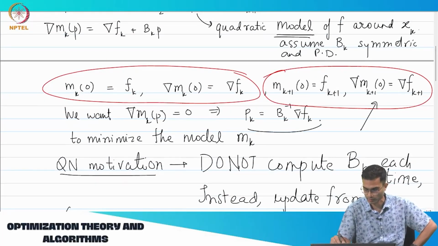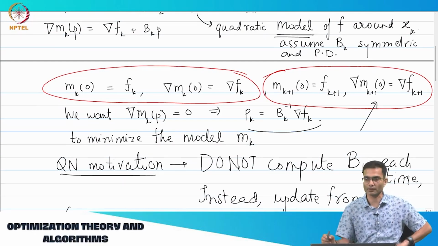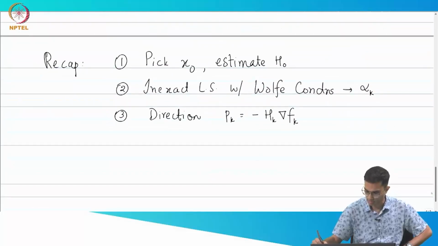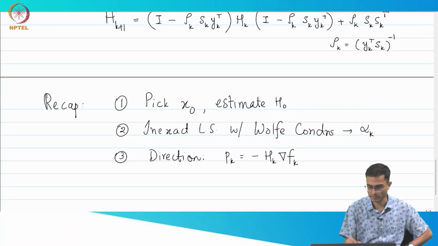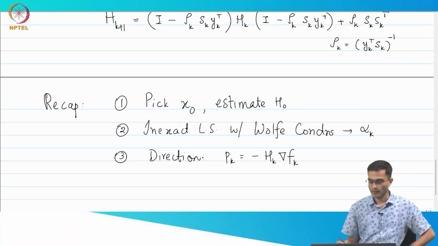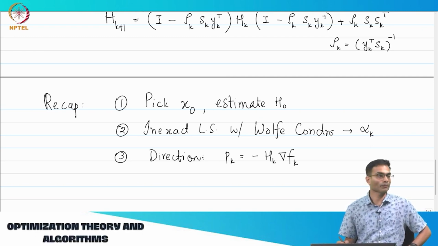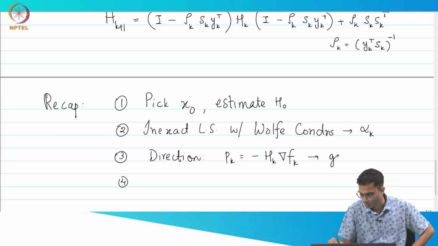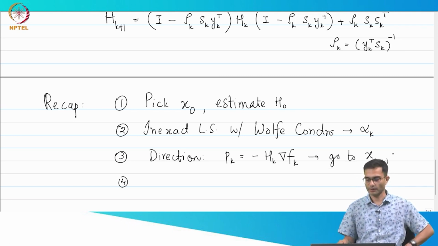Yeah, here. Bk inverse grad fk. Now Bk inverse, the notation I have got for it is H. Direction is this. So this will allow me to go to xk plus 1, right.